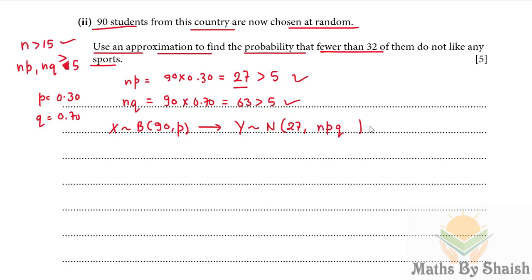So Y is normal with 27, and 27 into 0.7, it is 18.9. So that's the variance. Now the question is, find the probability that Y should be fewer than 32, Y should be less than 32.